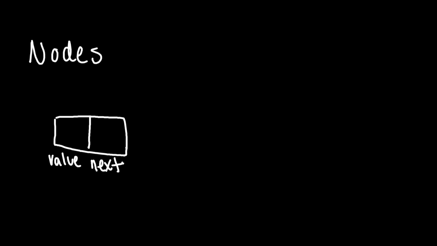And next is the pointer to the next node, the node that would come after that node in the list. So let's say you had a linked list containing 1, 2, 3 in that order. The node 1, its next value will point to the node containing the value 2.